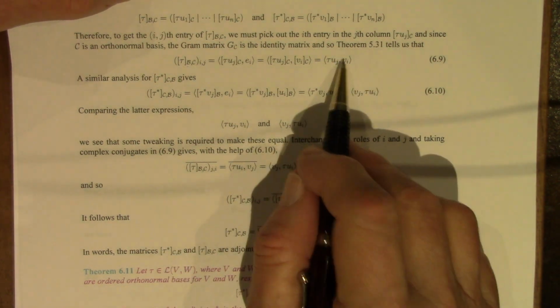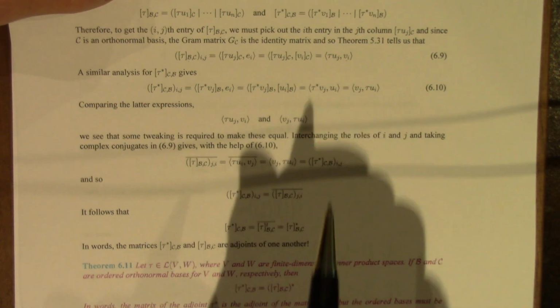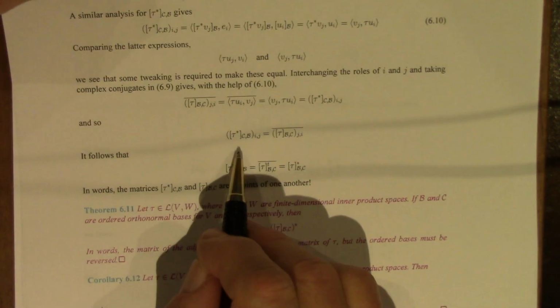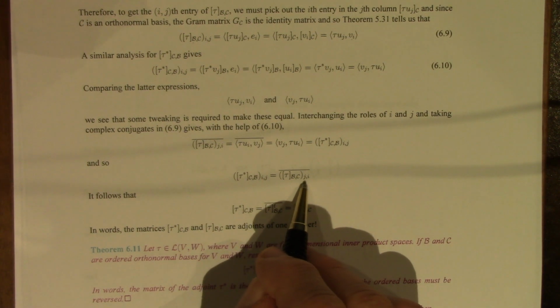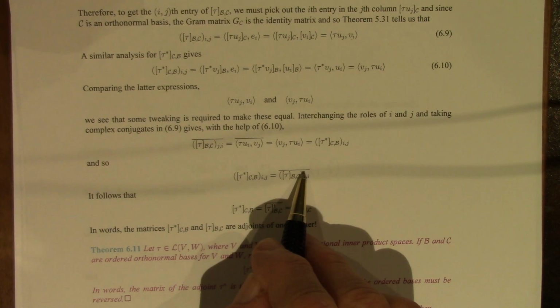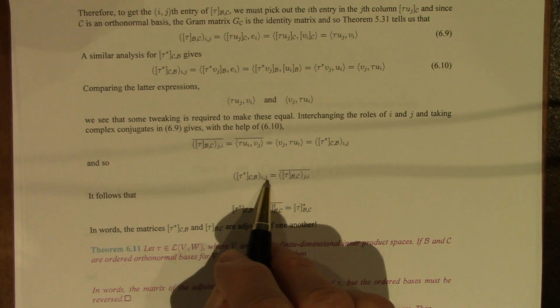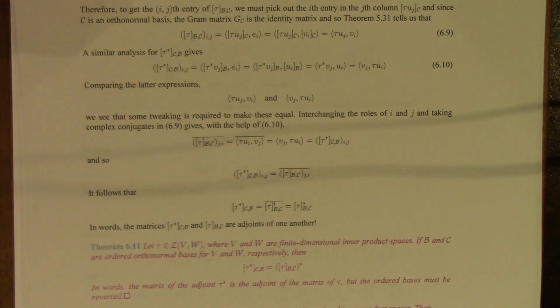You can make these two the same. So if we take the jith entry of this matrix, take its complex conjugate, we get the ijth entry of this matrix. Okay. This may seem a bit confusing.